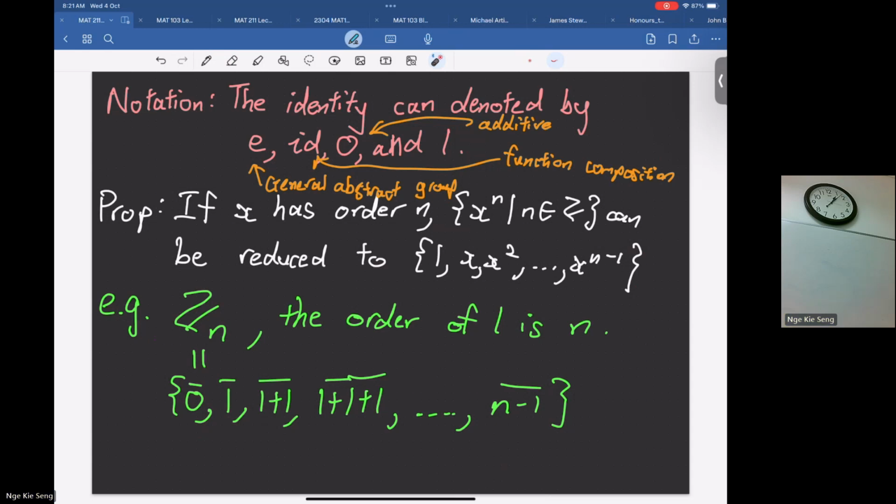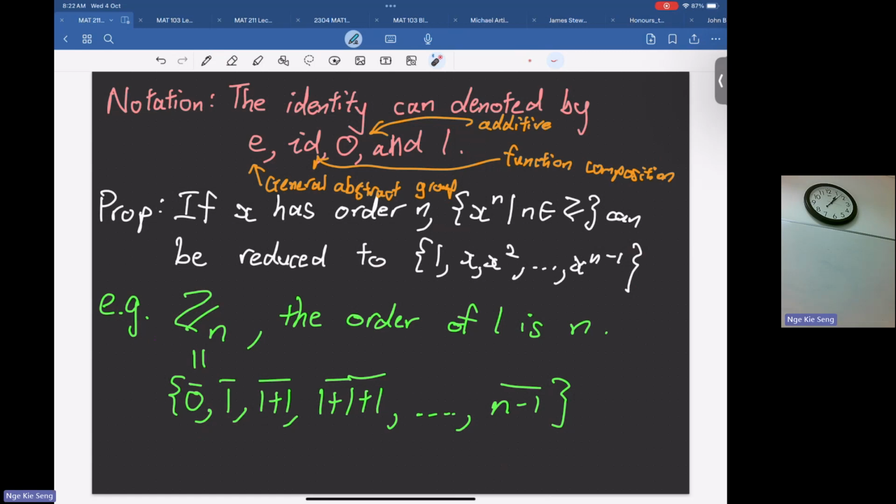Yes, question? In fact, you see this in your textbook.